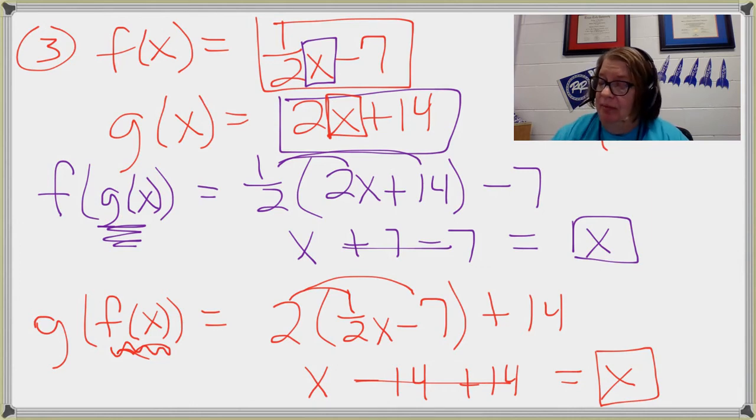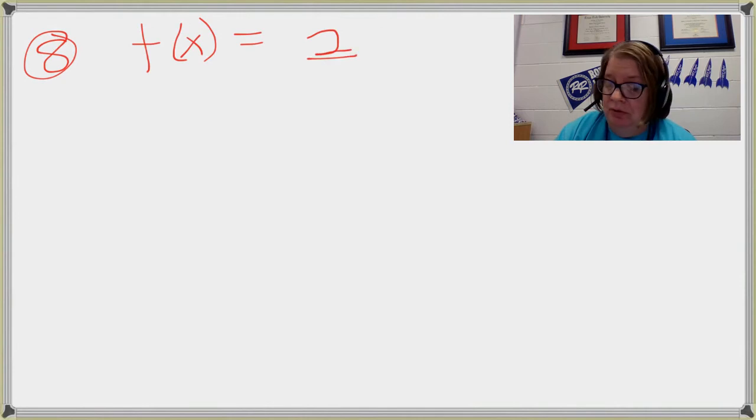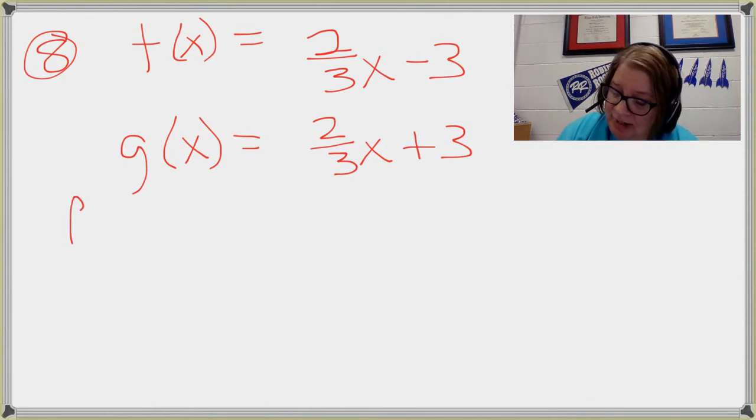Skip over on your paper a minute and look at number 8. Number 8 has f of x equals 2/3 x minus 3. g of x equals 2/3 x plus 3. Now we need to find f of g of x.